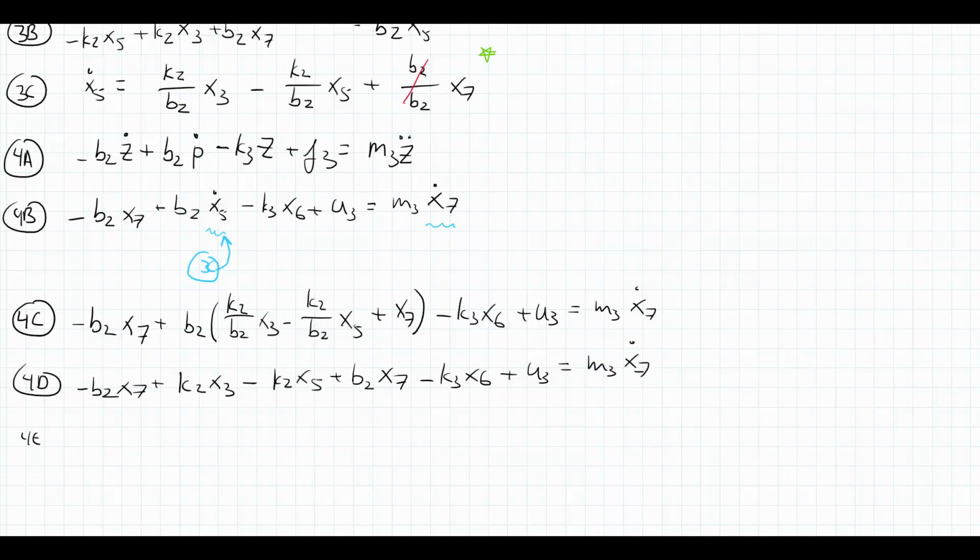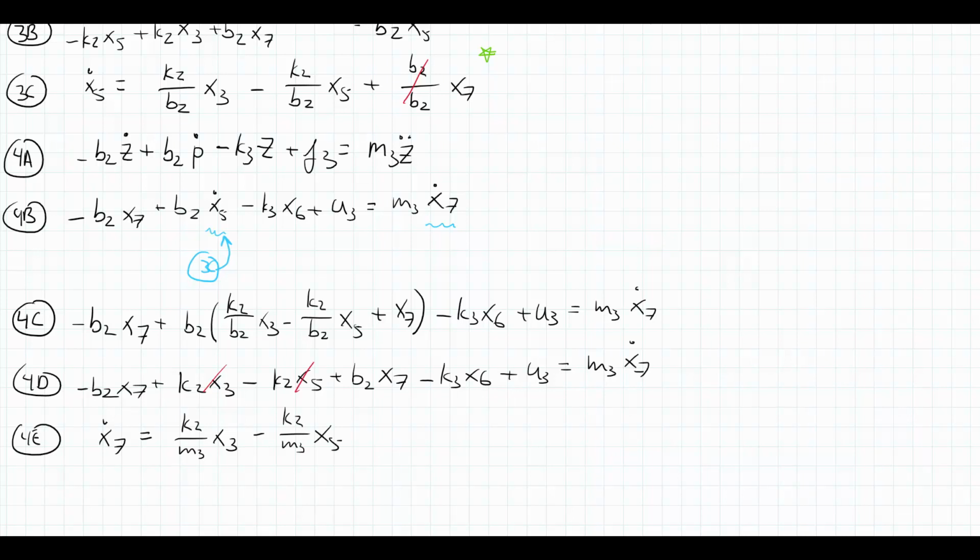And finally at 4e, now since I have only that one derivative term, I can isolate it. So I have x7 dot equals. So let's see what I have on the left-hand side here. I have an x3 term, so k2 over m3x3. That's taken care of. I don't have an x4. I do have an x5 term. So a minus k2 over m3x5.